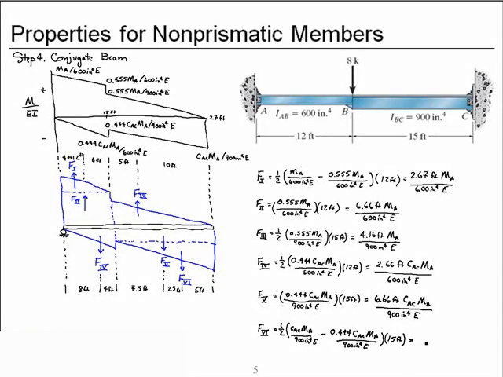Put those all together and we get 4.17 feet carryover factor times the moment at A divided by the 900 inches to the fourth times E.